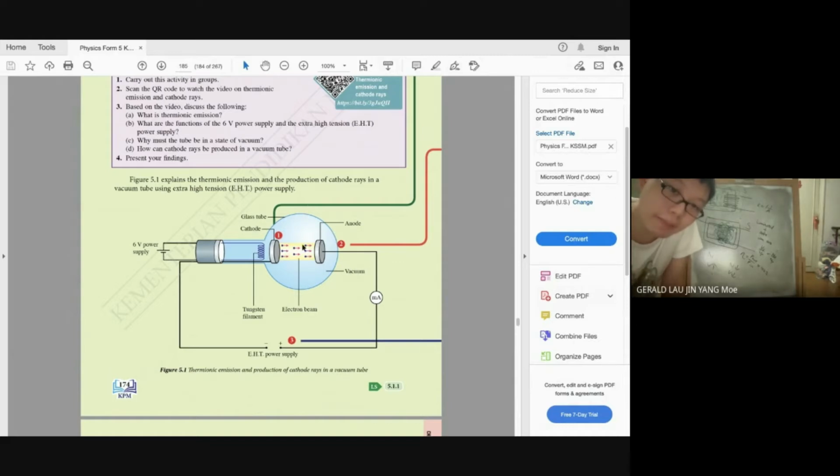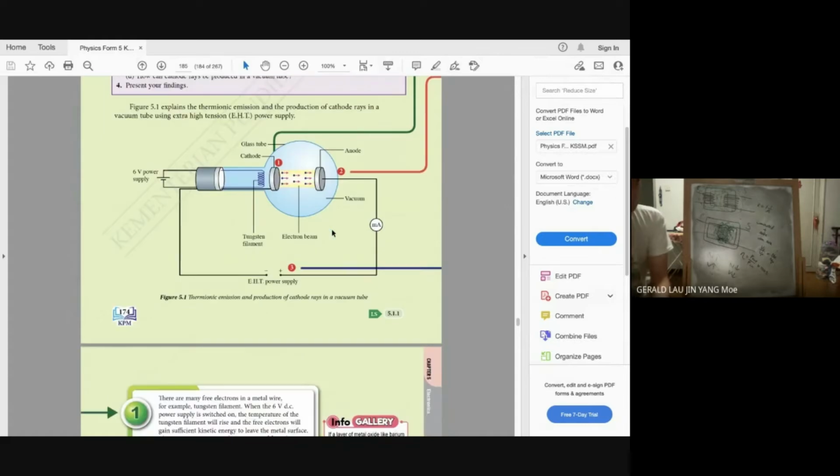That's why this beam is called the cathode ray, and this phenomenon is thermionic emission. I supply the electricity, it heats up the metal, and then it releases the electrons.